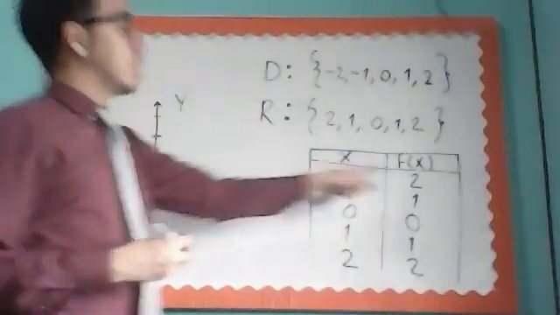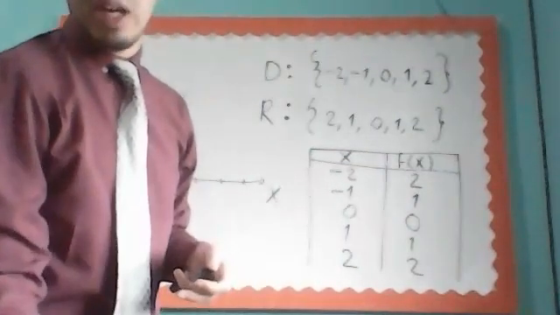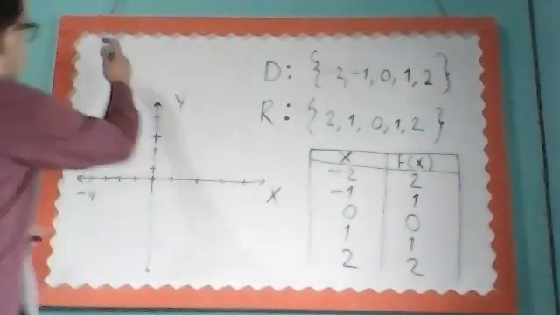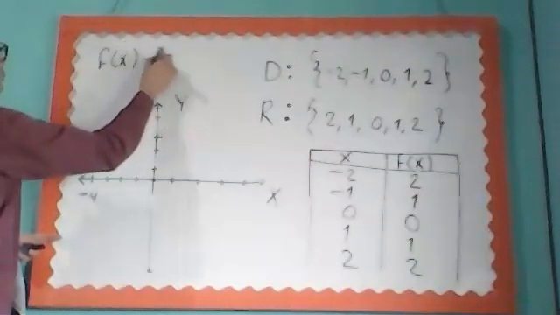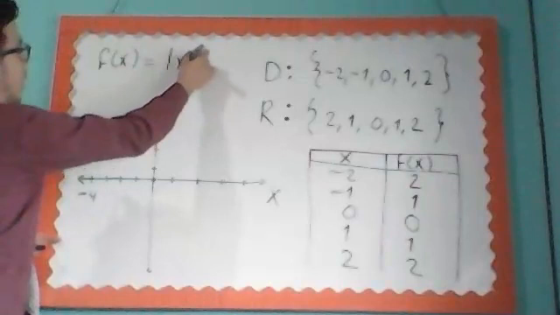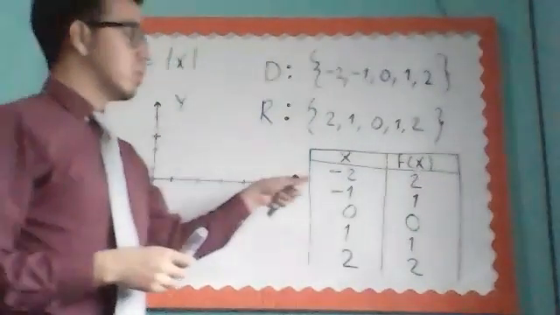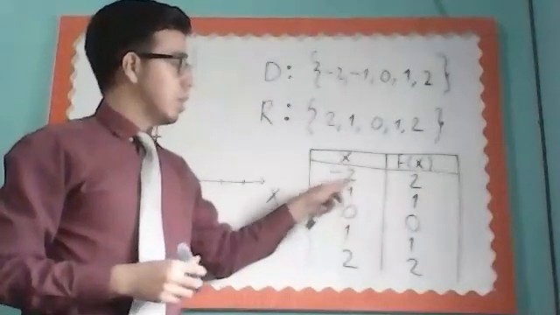And remember, we find these values by replacing. We have the function f of x equal the absolute value of x. So we only replace the values in here. I'm not going to solve all the procedure because we don't have much time, but I'm going to explain only this.